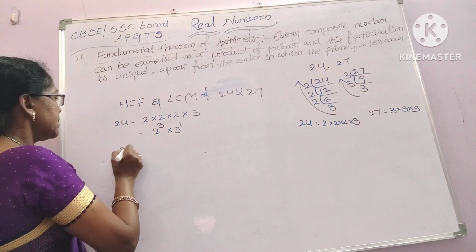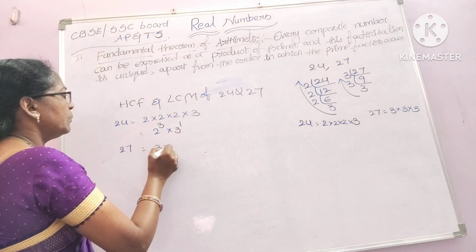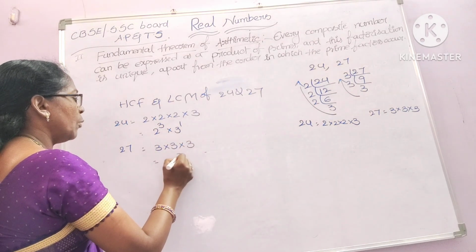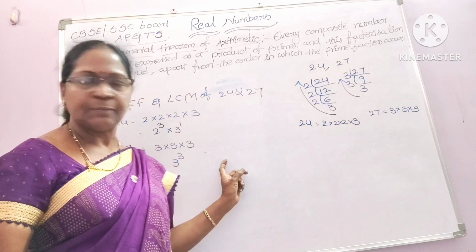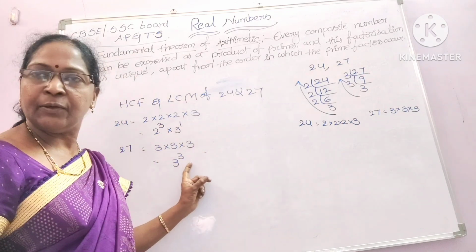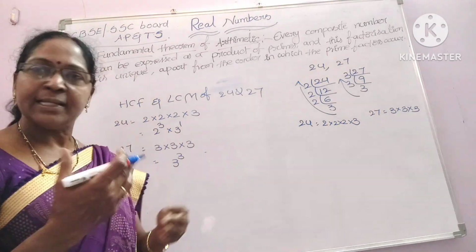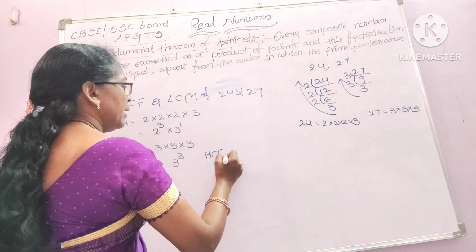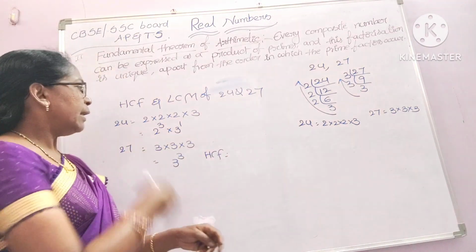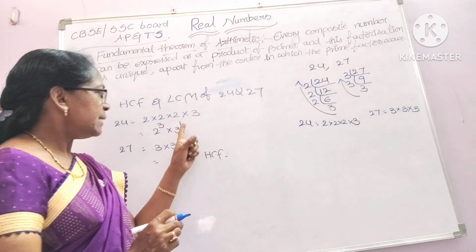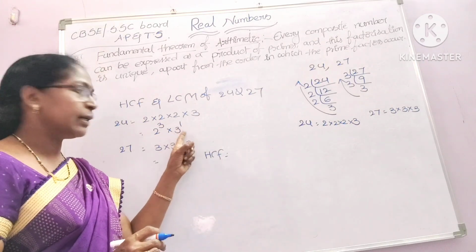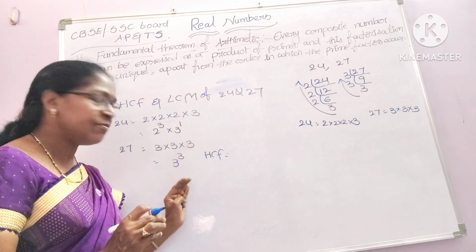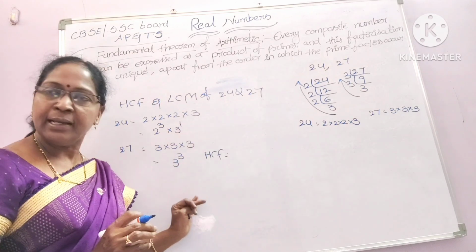As well as 27 equals 3 into 3 into 3. How many times is 3 multiplied here? 3 times. So this can be written as 3 cube. So here, what is HCF and LCM? HCF equals the product of the least common power of the common prime factors. That is nothing but HCF.